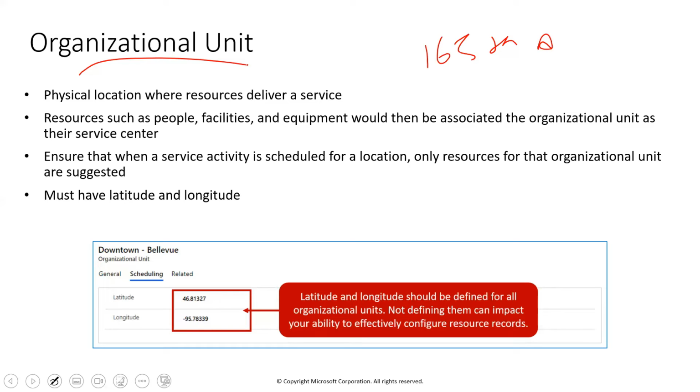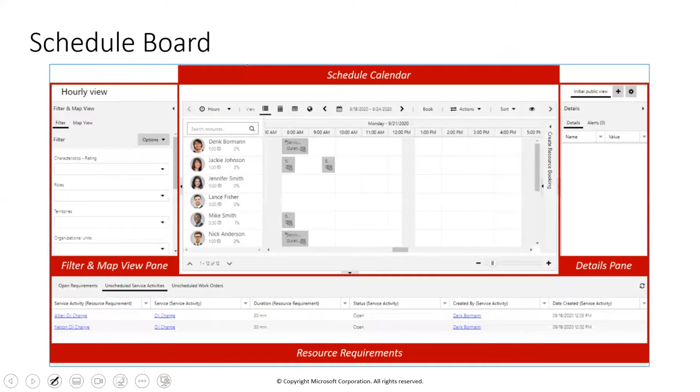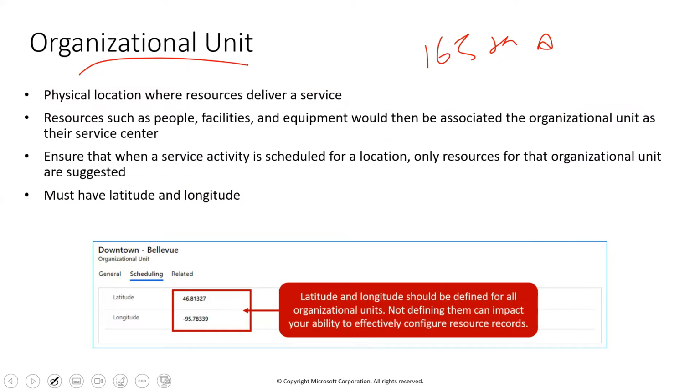And under this Contoso building on 165th Avenue, which room is required? The room information is going to be created under the facility section, so the resources can be associated there. Once we have defined the organizational unit, while creating it we need to specify the correct latitude and longitude.